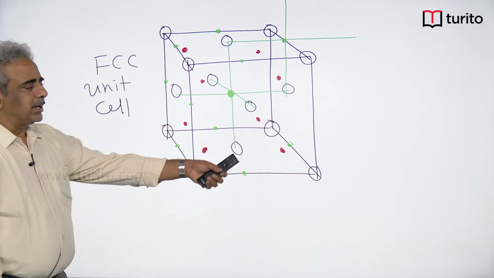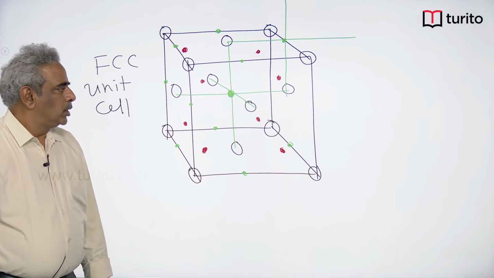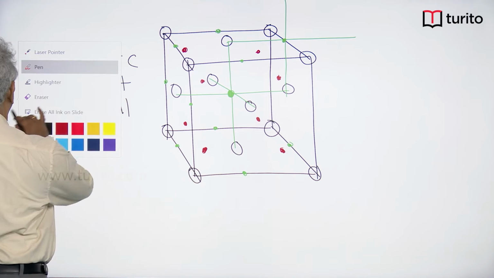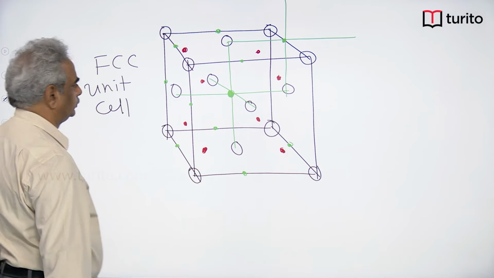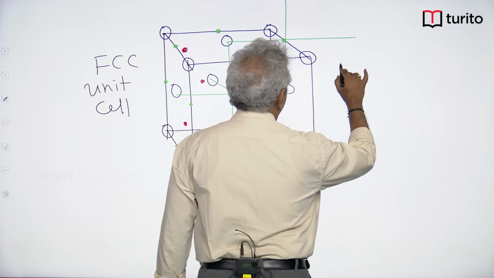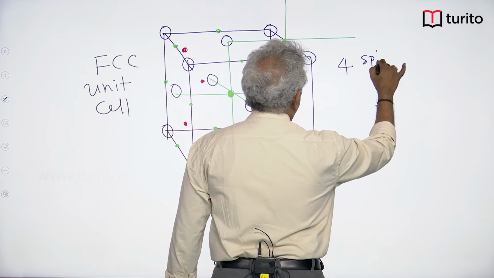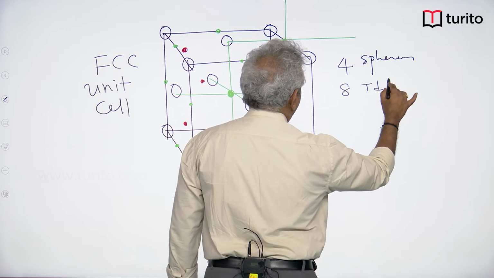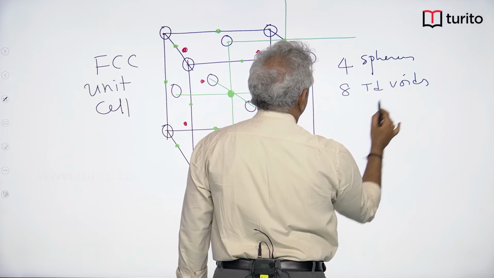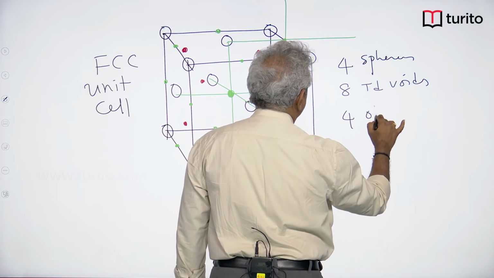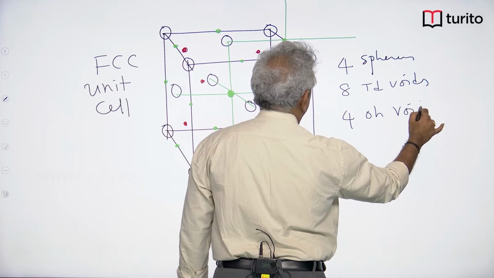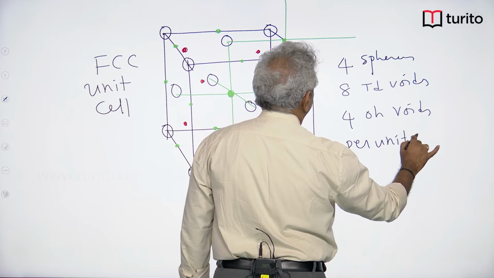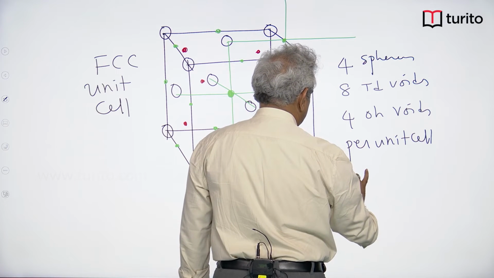See, every edge center is one octahedral void. So, totally what do you find? Four spheres, 8 TD voids, 4 OH voids per unit cell in FCC.